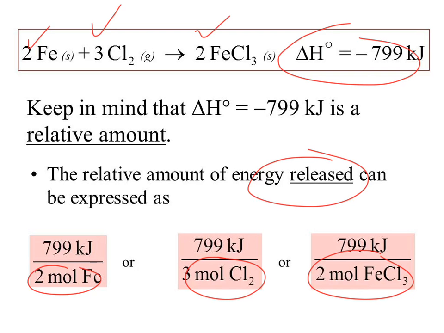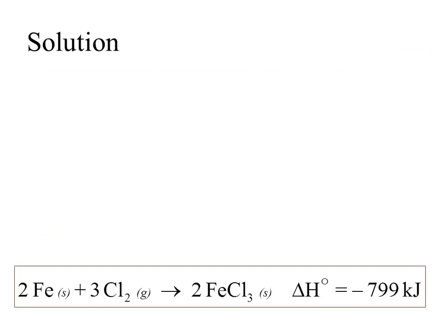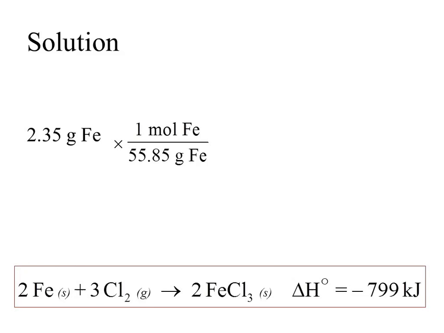So of course, to work this problem, we're going to use that relationship. It's all about factor label. To work this, we're going to have to take that mass and convert it to moles using the periodic table. The decimal number for iron is 55.85. So the mass of iron times the molar mass of iron will get us to moles.